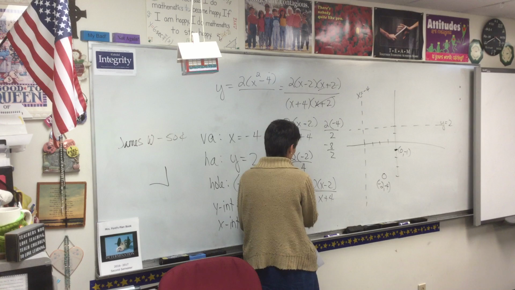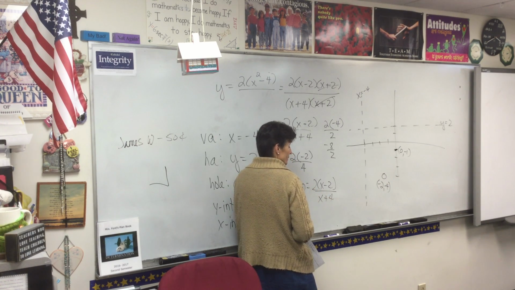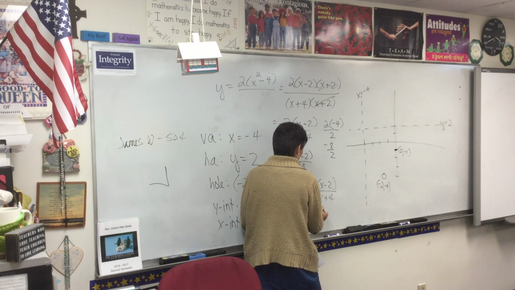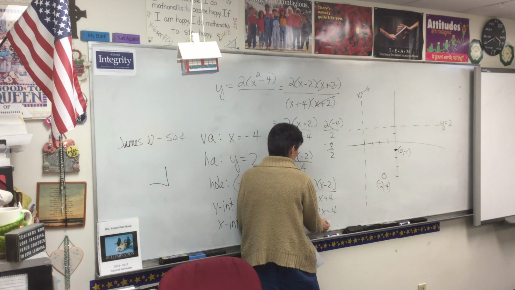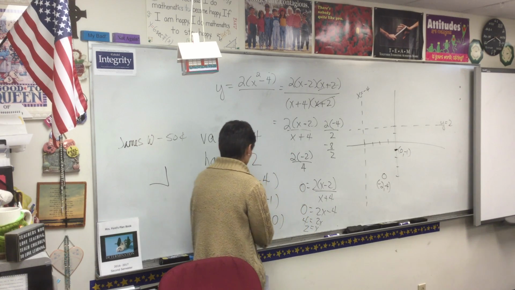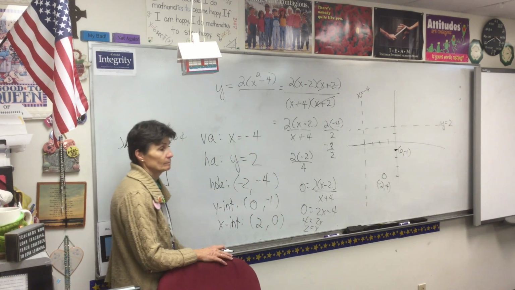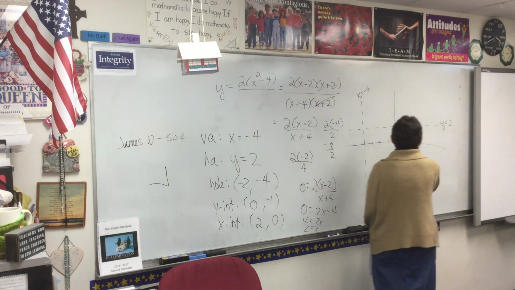If I put in a 0 here, the bottom's gone. So 0 equals 2x minus 4 if I multiply that out. So 4 equals 2x and x equals 2. So I have an x-intercept at 2.